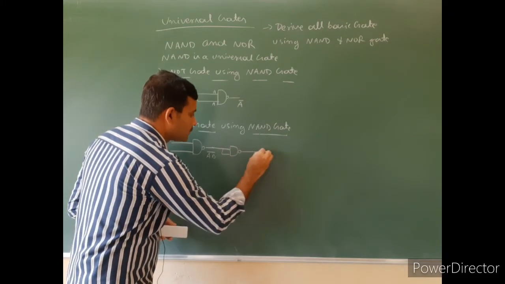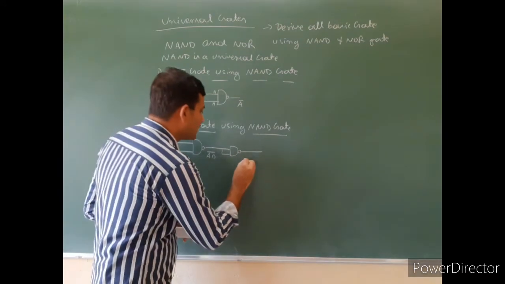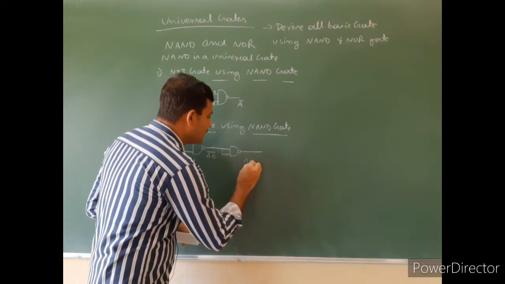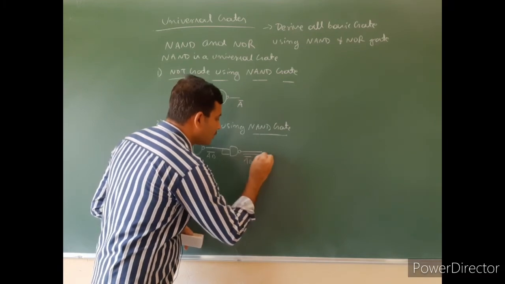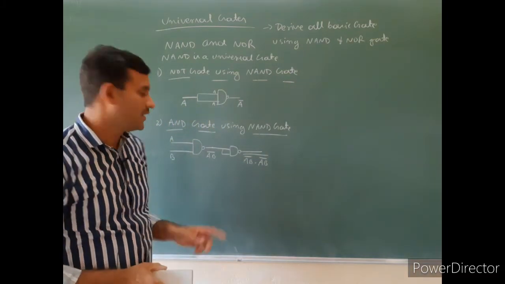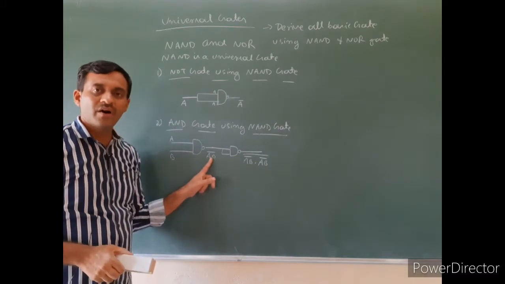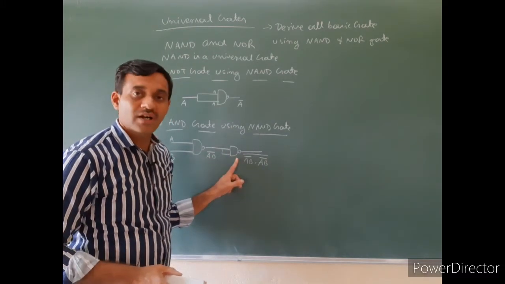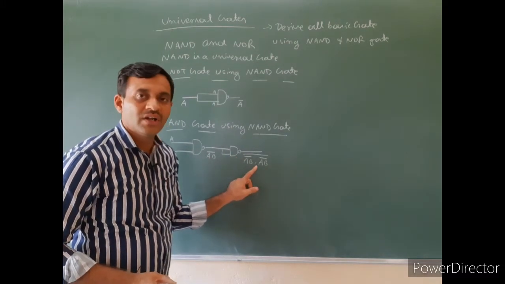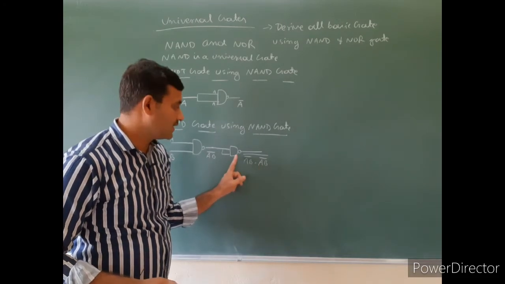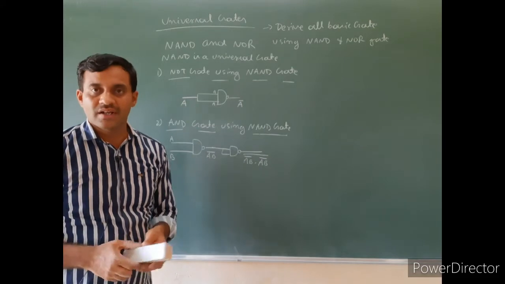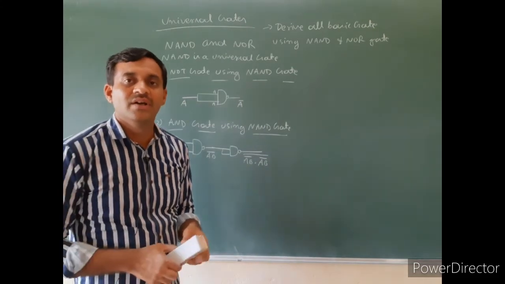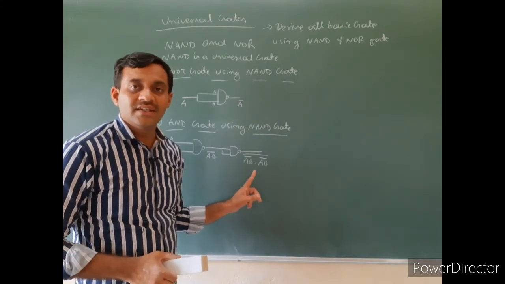Again double complement it. What is the output here? (AB bar) into (AB bar) whole bar. If the inputs are A and B here, the output is AB bar. Then again AB bar is complemented: AB bar is one input, AB bar is the other input, and that is the whole complement. Then apply De Morgan's theorem. What is De Morgan's theorem? Break the line, change the sign.